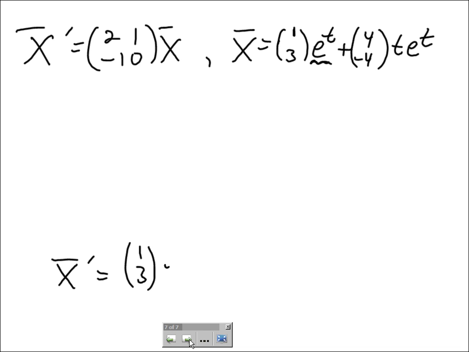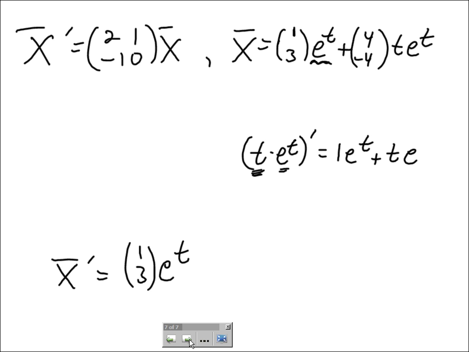That is, we just get this. Now, what is the derivative of t times e to the t? Let's use the product rule. The derivative of the first, which is 1, times the second, e to the t, plus the first, t, times the derivative of the second, which is e to the t. In fact, we get 1 plus t times e to the t.